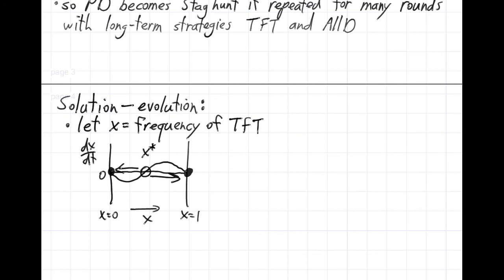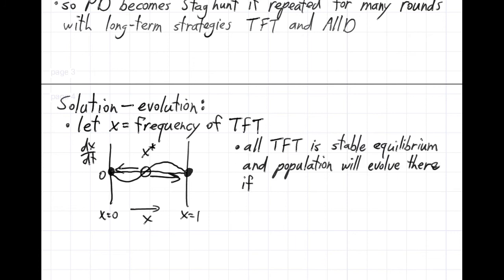So if we play a repeated game with enough rounds in a population that consists of tit for tat or all D, we will see that the game turns into Stag Hunt, and because of that, there is a possibility of maintaining cooperation. All we need is that the starting population has enough tit for tatters in it from the very beginning. I won't bother working out what X star is at this point because I also want to go through the economic solution, and I will figure out what P star, Q star are for the mixed Nash equilibrium.